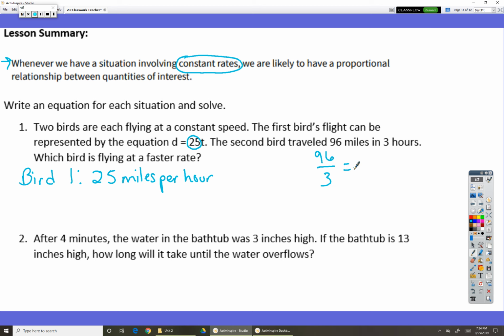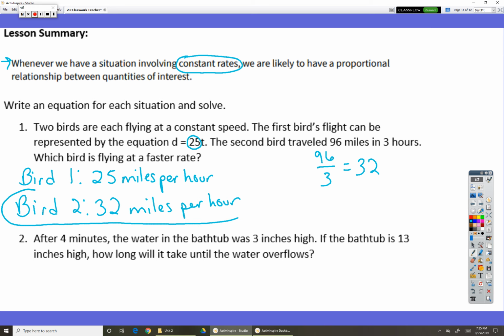And when we do 96 divided by 3, we get 32. So bird 2 traveled at 32 miles per hour. It's asking us which bird is flying at a faster rate. Well, definitely bird 2. Bird 2 can go more miles per hour than bird 1.